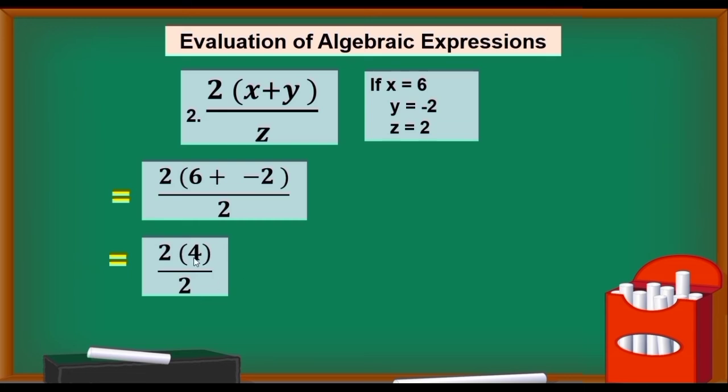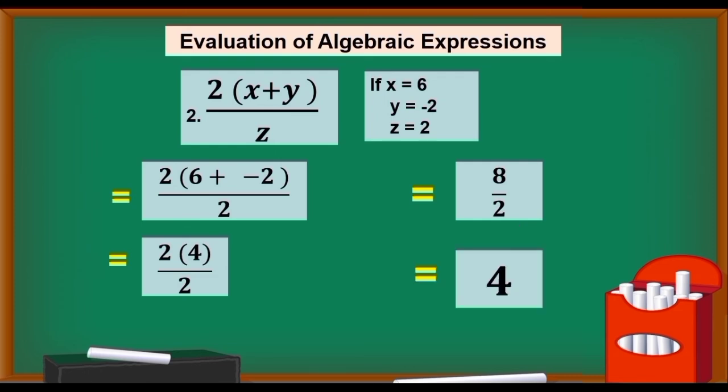So ngayon, multiply muna po tayo bago tayo mag-divide. So 2 times 4 is 8 over 2. And then, division na po tayo. 8 divided by 2 is equal to 4. So there, ibig sabihin, ang 2 times the quantity x plus y over z ay equal po kay 4.